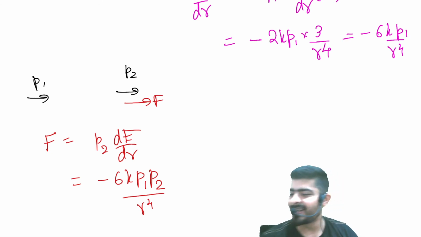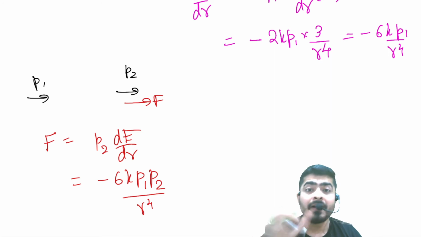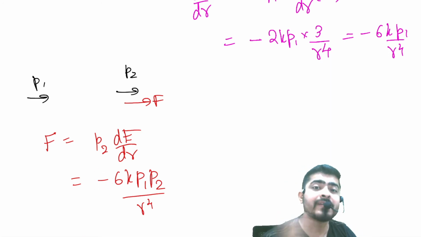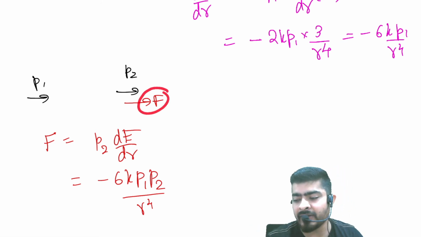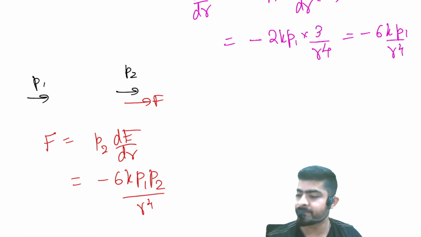Easy, right? This is very easy to calculate. Now, one important thing to observe. Look at the sign over here. The force is negative. Why? Because I have taken the direction wrong. The force will be actually in this direction. So let me change that.